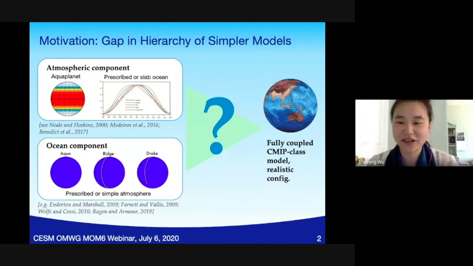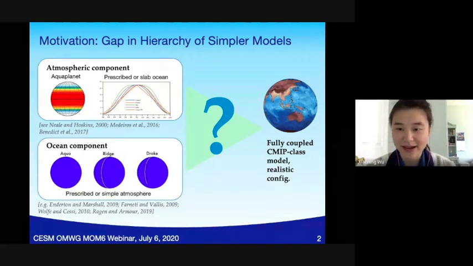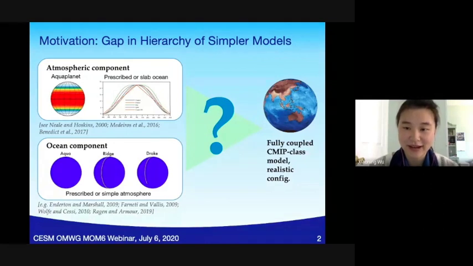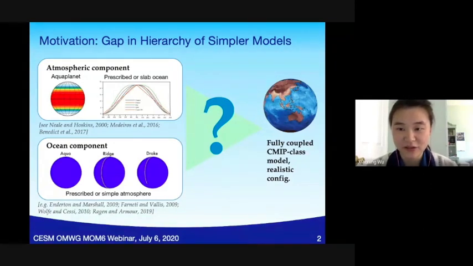Just to reiterate what Ayla has already mentioned, the motivation is filling in the gap in the hierarchy of simpler models, especially in the coupled sense. Looking at the atmospheric component, there is an entire hierarchy of simple models for the atmosphere.